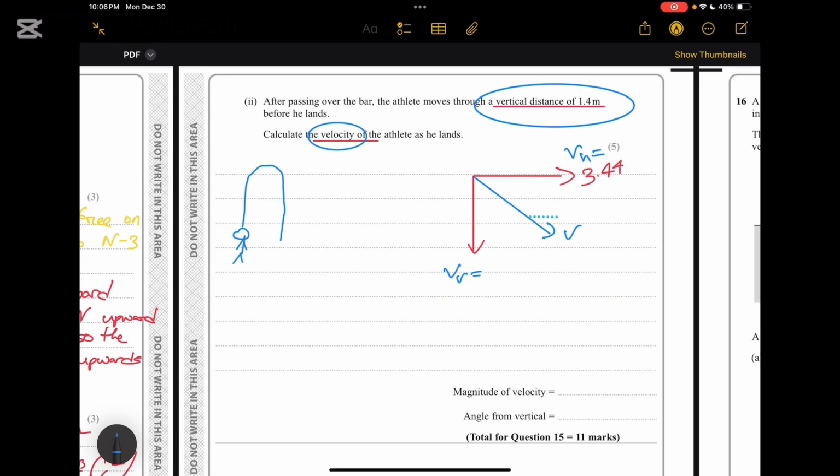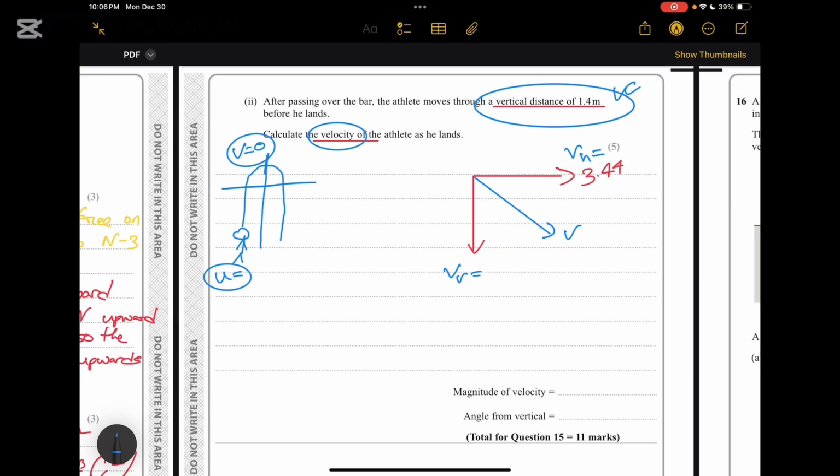Let's say the bar was right here, so it goes up and then comes down. At the top its velocity is 0, so the final velocity is 0, and we have to find the initial velocity, the initial vertical velocity.